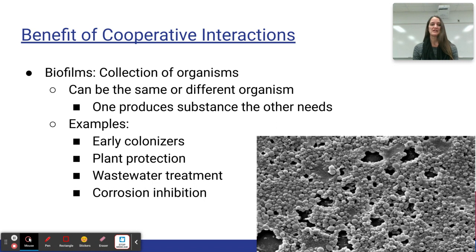And when they're a combination of different ones, one of the organisms will also often produce substances that the other one needs. And examples of where they can benefit other organisms is that biofilms are known to be early colonizers. They also help in plant protection, as well as water waste treatment and corrosion inhibiting.